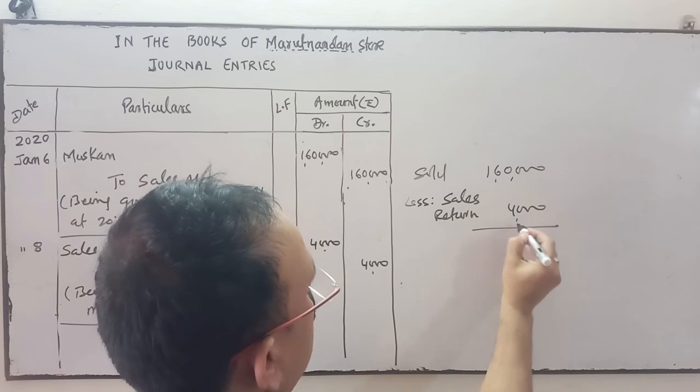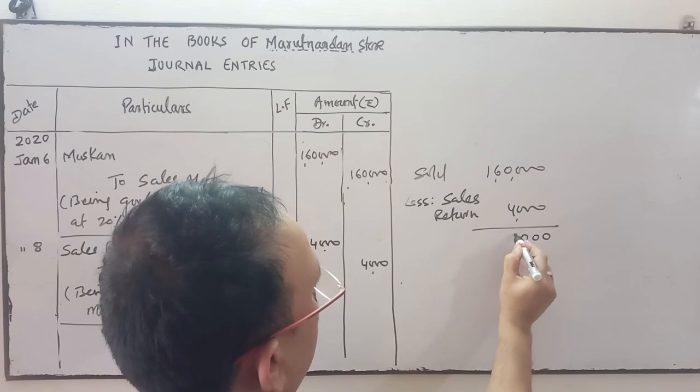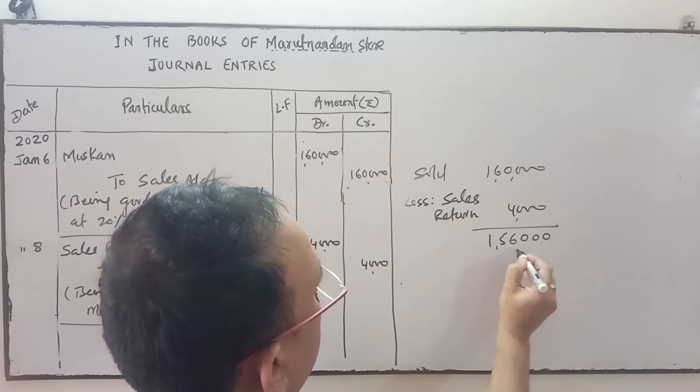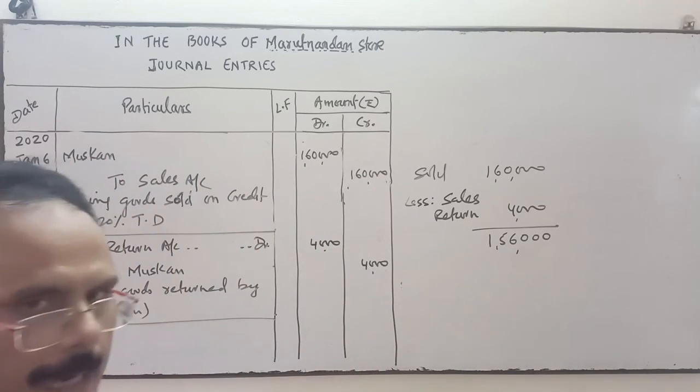Okay, so we have to receive how much? 1,56,000.